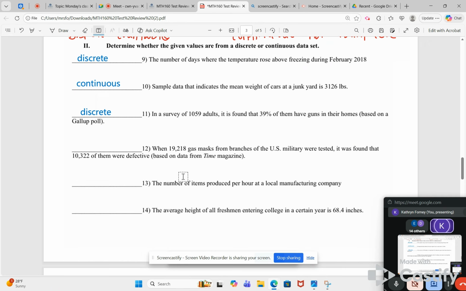If you have the masks, can you count the actual number of defective versus not? Yeah, so that would be discrete. You probably don't want to count all of them, but you can. All right, the number of items produced per hour at a local manufacturing company. Can you count the number of items that were produced in an hour?